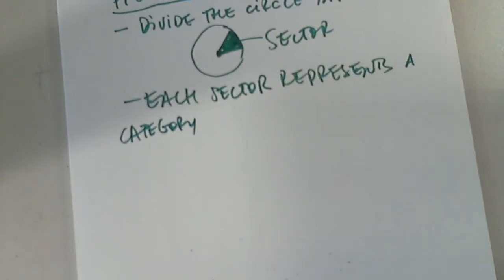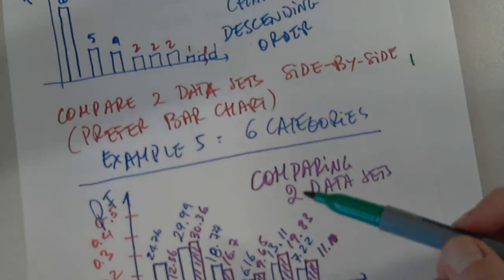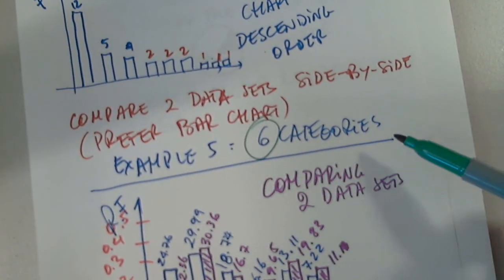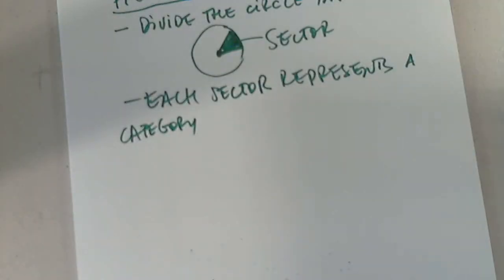In our example, since we're going to go back to this one, we have 6 categories. So we're going to have 6 sectors. If we have 6 categories, we have 6 sectors.